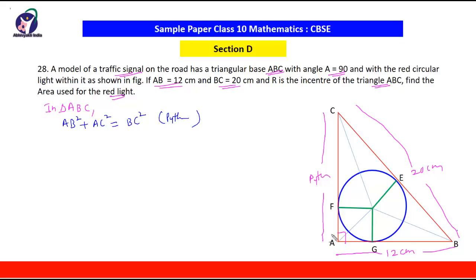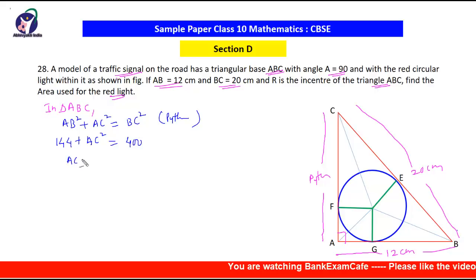Now here AB square, that is 12 square. So 12 square will be 144 plus AC square that we do not know, which is equal to BC square, that is 20 square will be 400. Now take 144 to other side.